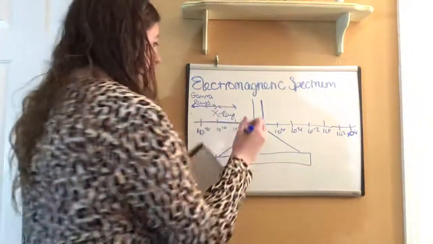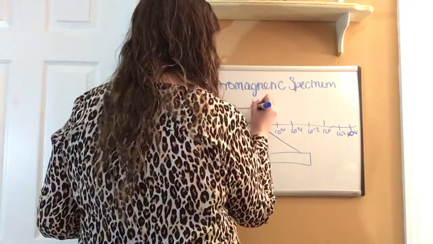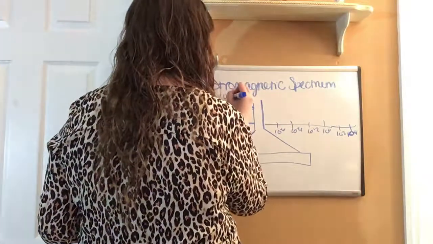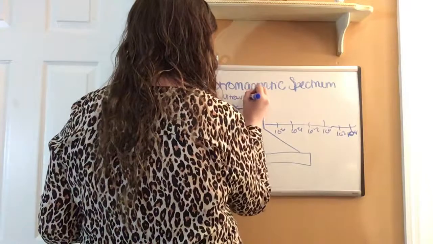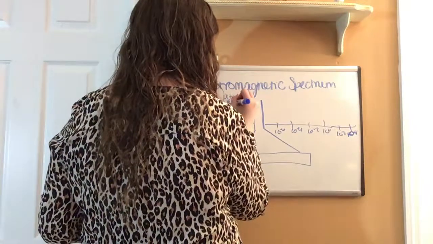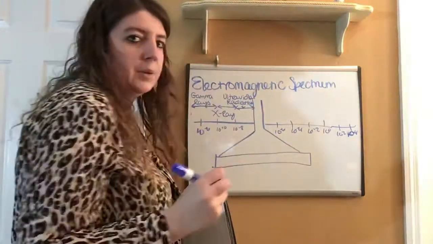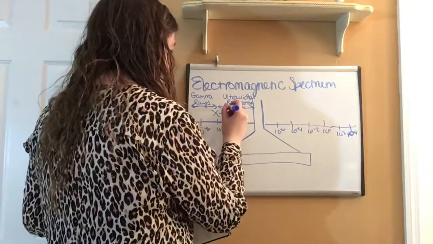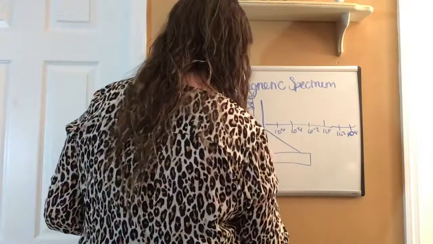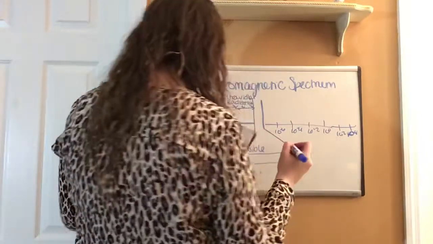We've also got ultraviolet. That's the bad stuff, right? You talk about it all the time. What the sun gives off. That's right after X-rays. Okay? And then we hit the visible. So this is the visible spectrum.